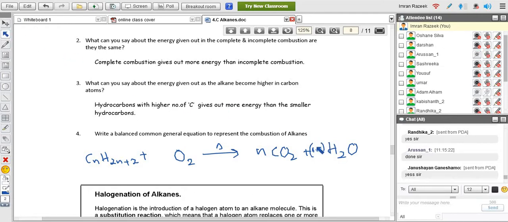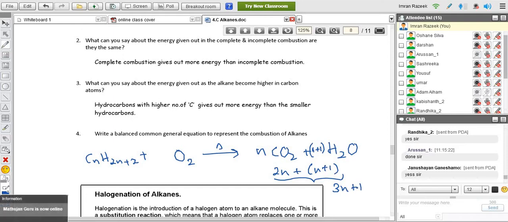If you analyze the right side, there's 2n oxygen, and there is n plus 1 oxygen over there. So 2n and n plus 1 together will be 3n plus 1 oxygen atoms.